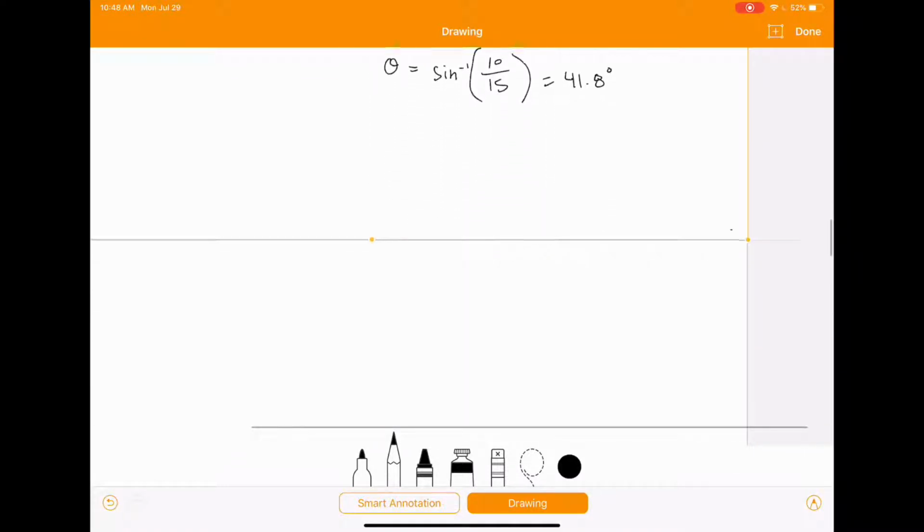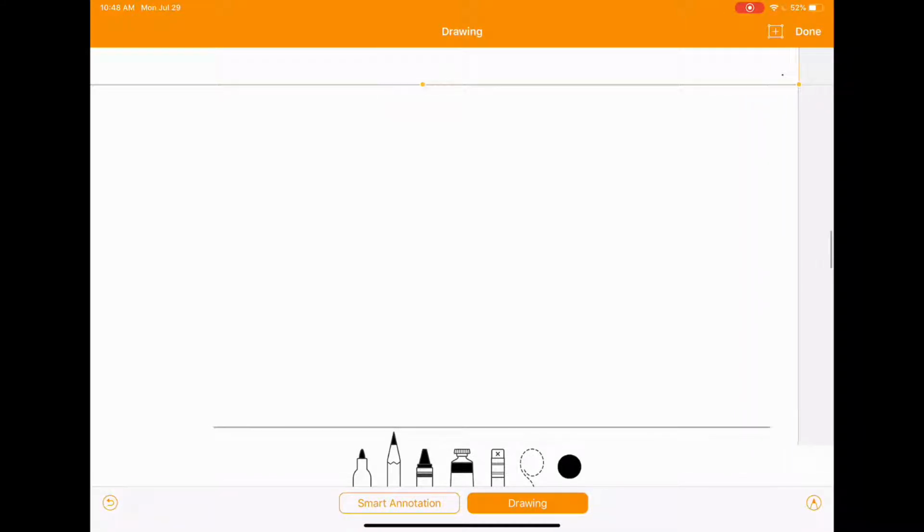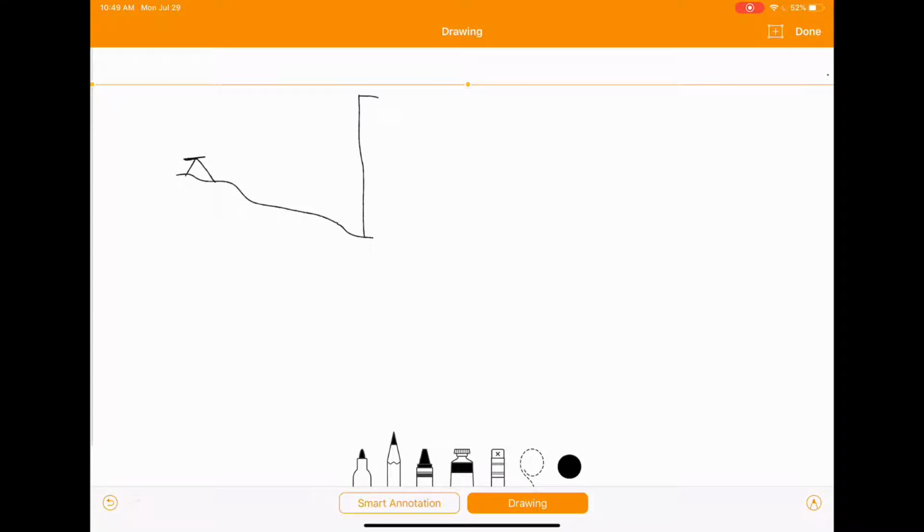So another thing that you'll be looking a lot at in surveying are these measuring instruments. And they measure distances and angles. So let's just say we've got this measuring instrument on some sort of slope. And at the end of it, there is a tower of some kind. And you want to know the height of this tower.